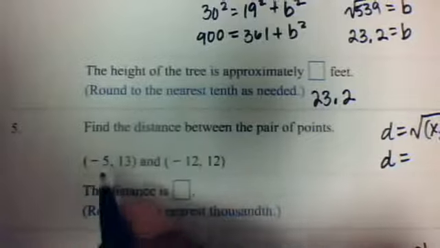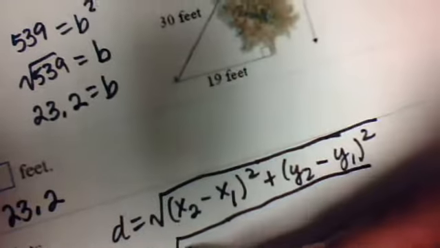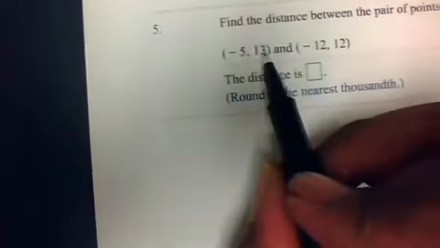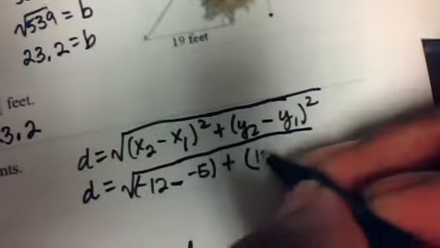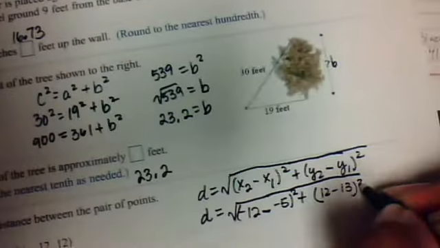Now x2 minus x1 are your x-coordinates, negative 12 minus negative 5. And all of this is under the square root symbol. Plus y2 minus y1, that's 12 minus 13, and that is squared.